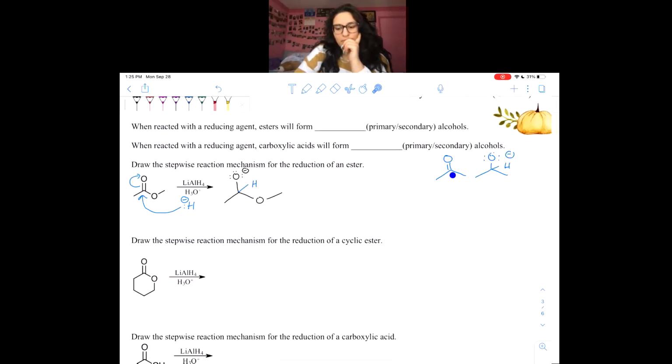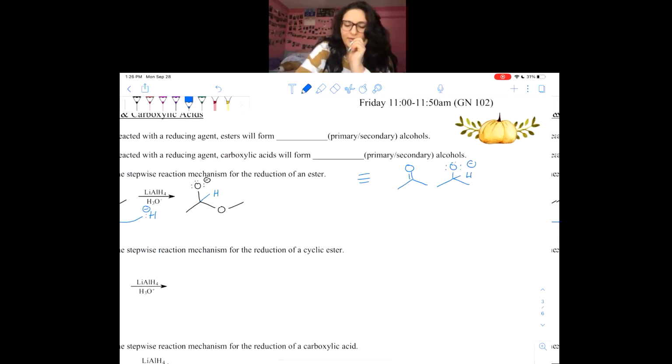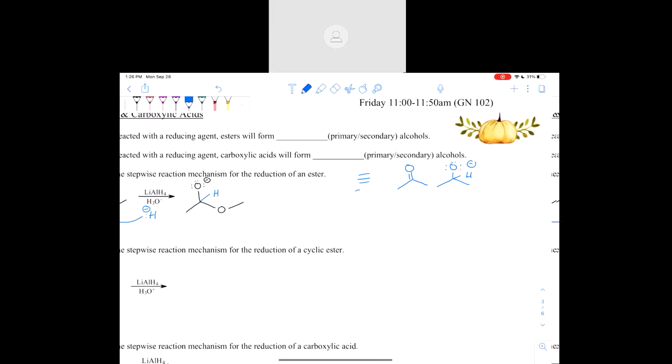Is it sp? Close. Okay. What about this carbon right here? sp? Yeah, so triple bond would be sp.